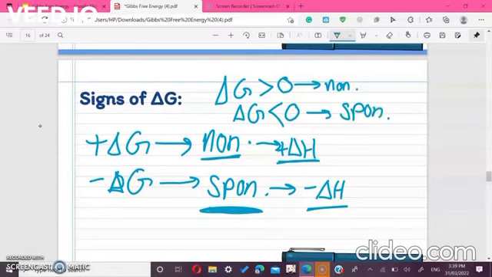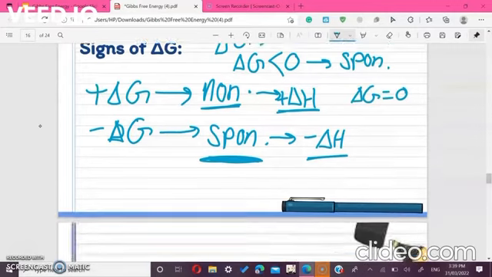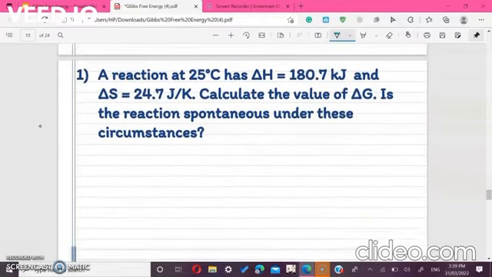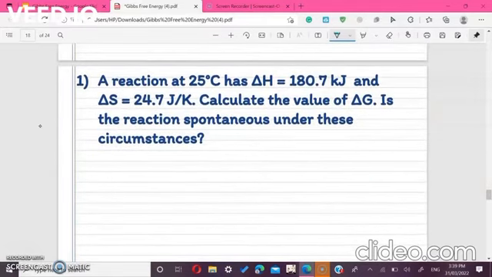When delta G equals 0, the reaction is at equilibrium. Now we're done with delta H, delta S, spontaneous and non-spontaneous reactions, and delta G. Let's move on to solving questions.